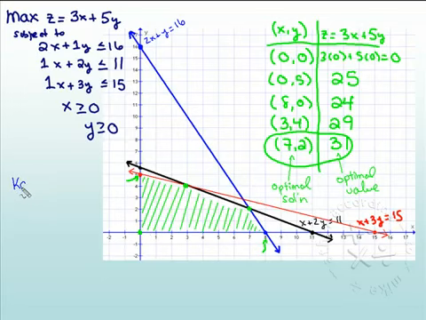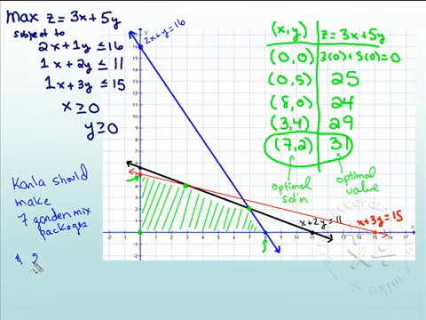That means that Carla should make 7 garden mix packages and 2 potting mix packages. And the 31 means she'll bring in $31 in revenue.